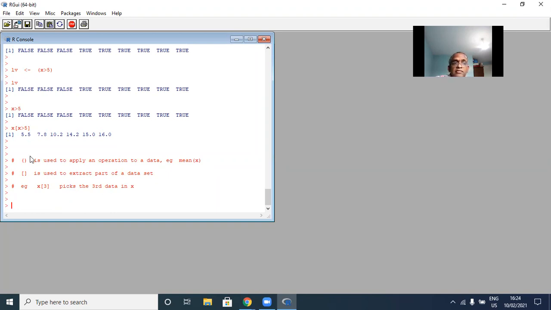All right, so there is a big difference. Whenever I use a round bracket like this, that means that we are applying an operation to a data set that is contained within the round brackets, right? But whenever we use the square brackets like this, that means you are extracting part of a data set. Like here, you are extracting the third data point in x, which is contained in x, right?